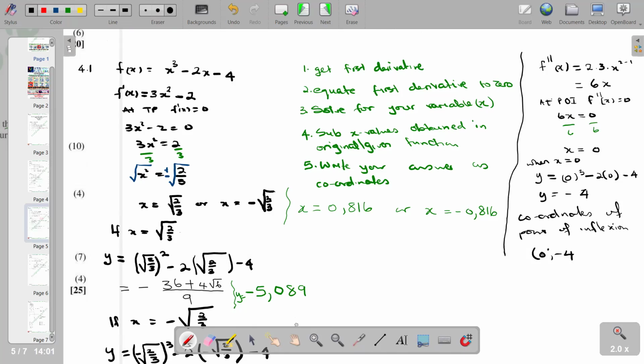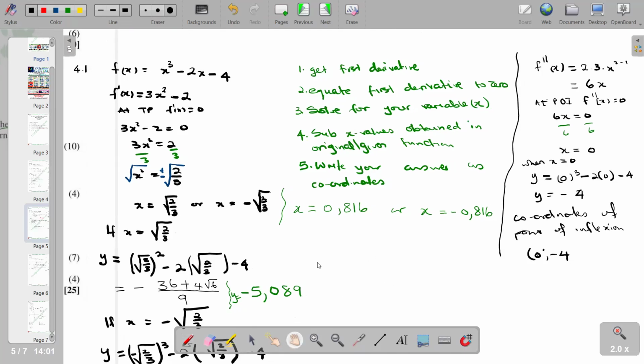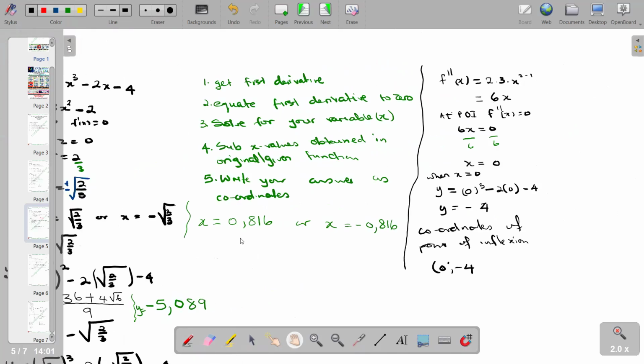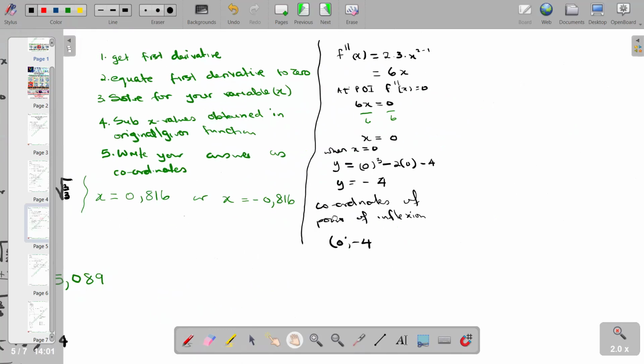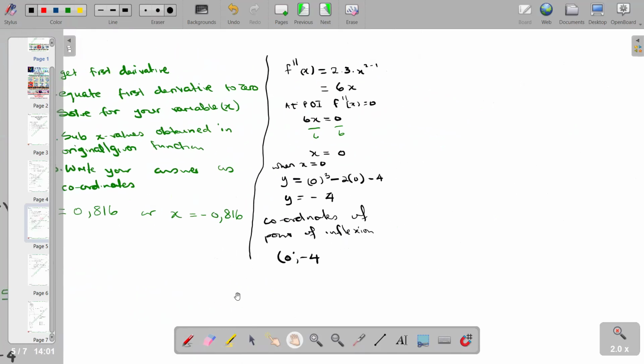Now let's take note: what are the steps to get the point of inflection? Number one, always know that you determine the second derivative.